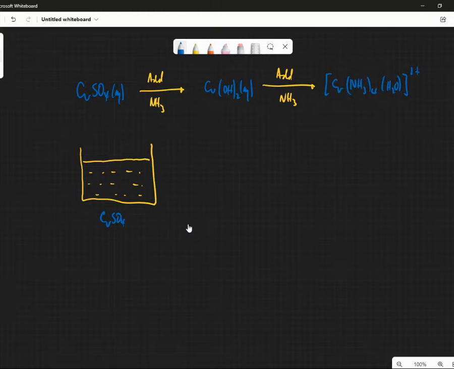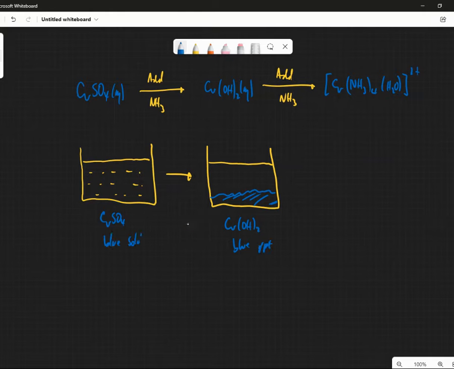I'm going to add ammonia, and now, crazy but true, I get a blue precipitate at the bottom. This is copper hydroxide, a blue precipitate. This first one, by the way, is a blue solution.